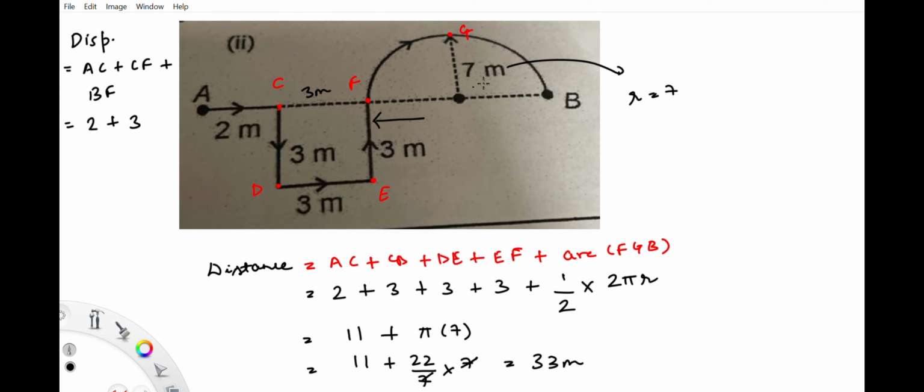And the diameter of this semicircle, if the radius is 7, has to be 14. So if I add AC, CF and BF, I get the displacement, which is the shortest path: 2 plus 3 plus 14, which is 14 plus 3 is 17, plus 2 is 19 meters. So that's the displacement undergone by this particle.